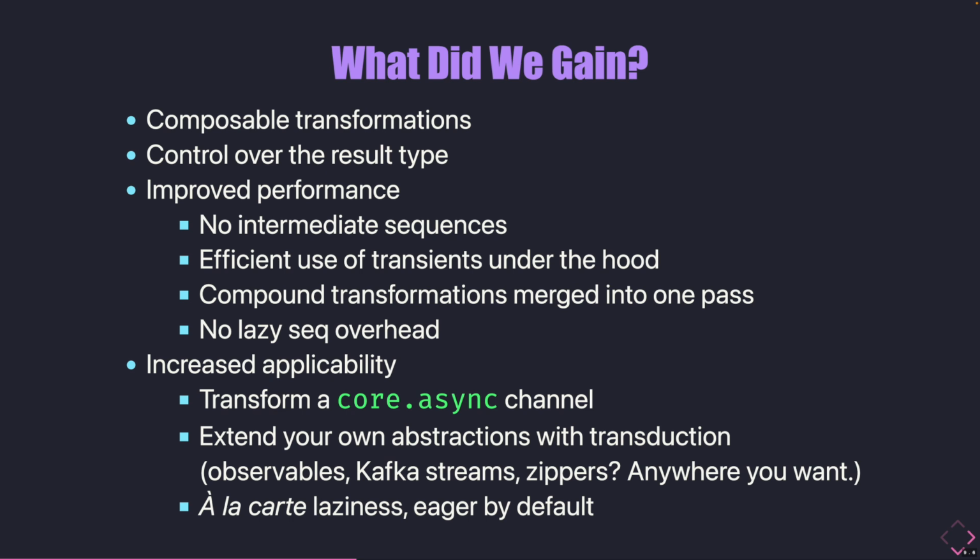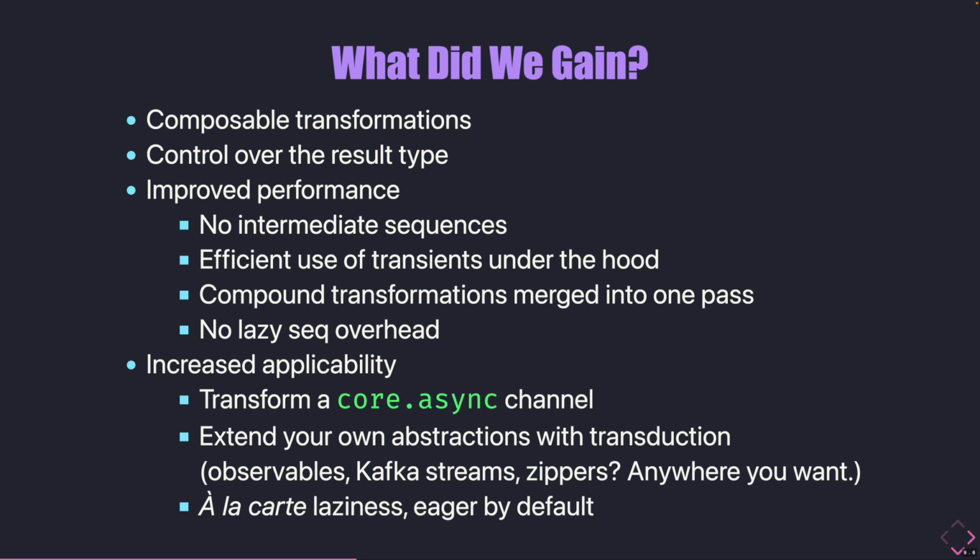Another thing that we still have is a la carte laziness. So what I mean by that is that transducers by default are eager. They're going to run these transformations for all of the elements in the input sequence. They're going to produce a realized output sequence, like let's say a vector. We're not waiting around to read more values from our input. But actually, we can, if we want to, still get some laziness using the sequence function to apply our transducer.